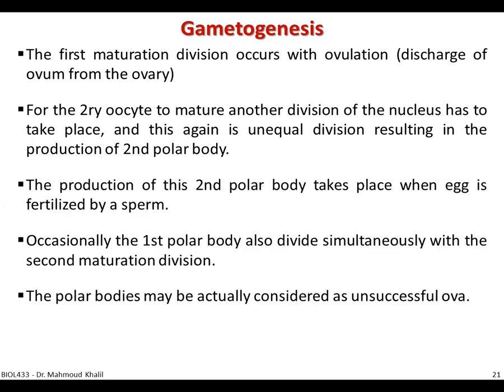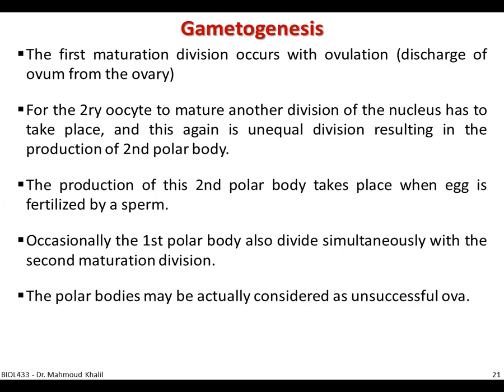The production of this second polar body takes place when the egg is fertilized by the sperm. Occasionally, the first polar body also divides simultaneously with the second maturation division. But generally speaking, it doesn't matter if the first polar body divides or not. The polar bodies may actually be considered unsuccessful ova, because you already have one ovum.